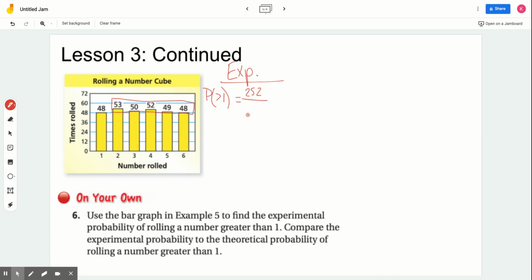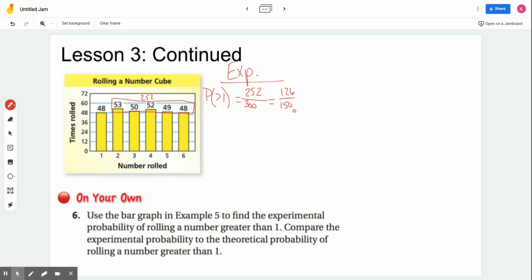Now, the bottom number is the total trials that there were. So we have to add the ones that we didn't originally count into that number. So we know that this is 252 plus 48 is 300. And then we can reduce and simplify from there. So both of these are divisible by 2.